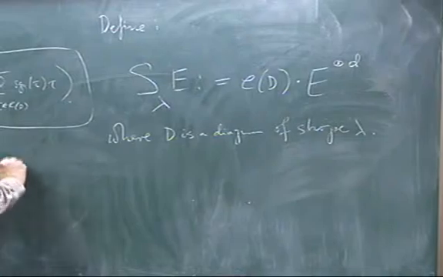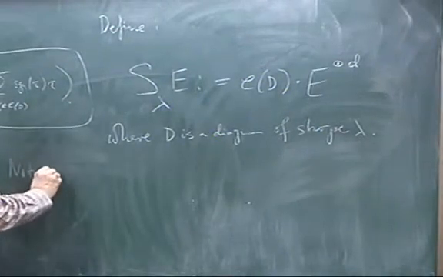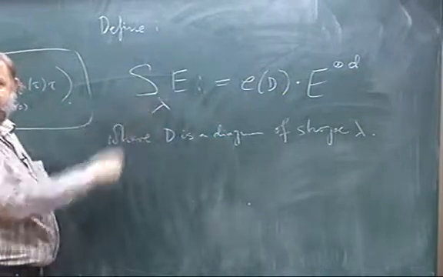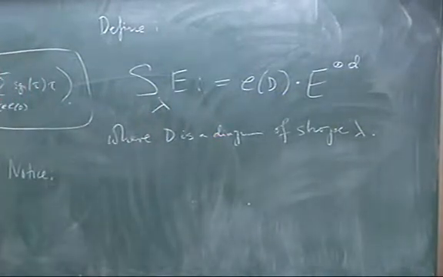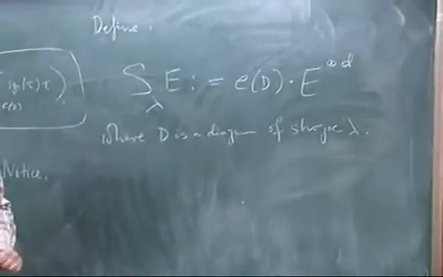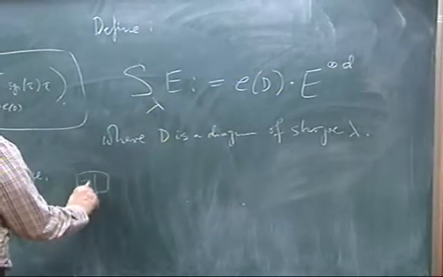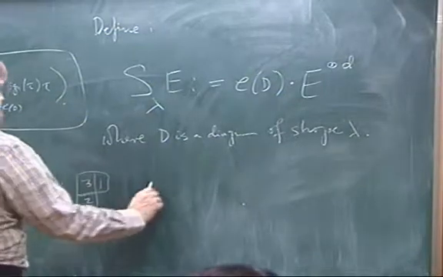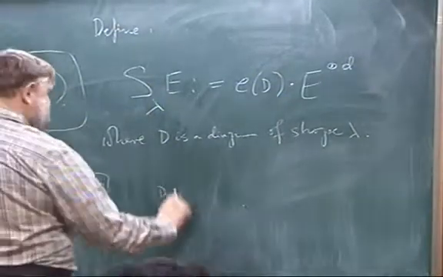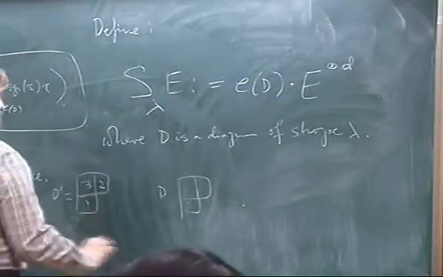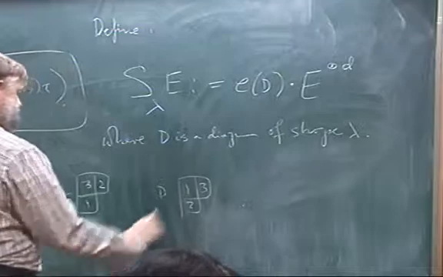And notice here I should really write that it's S_d. Why is it independent of D? Okay, because you see the point is, so I have a second diagram, say 3, 2, 1, that's my D prime, and my D was 1, 3, 2.